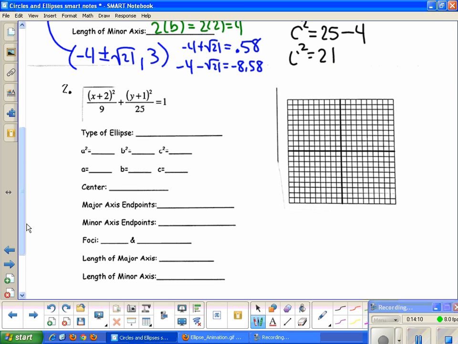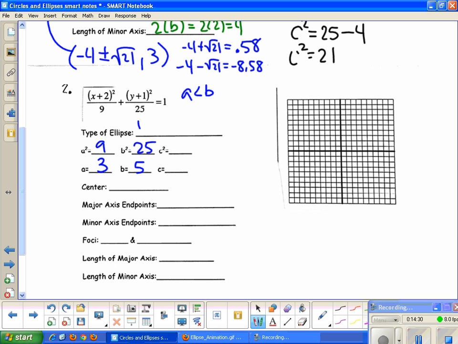All right, for this one, same thing. Notice that now a squared is 9, so the a value is, in this case, 3. My b squared is 25, which means b is 5. So notice that a is less than b.